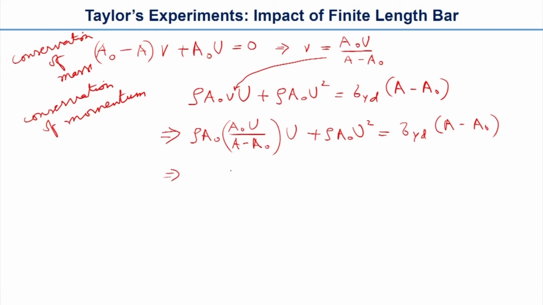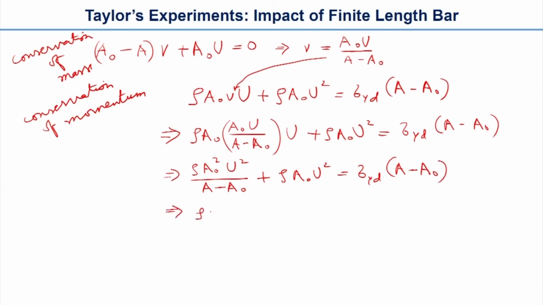Then, simplifying a little, A naught square U square over (A minus A naught) plus rho A naught U square equals sigma yd (A minus A naught).